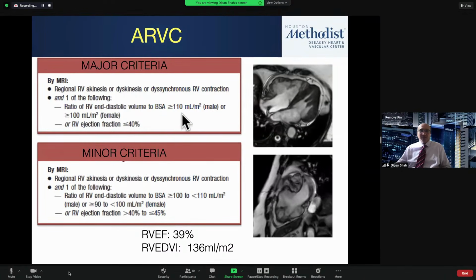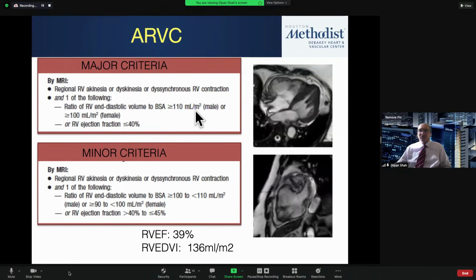So the imaging criteria by CMR are, first, the presence of regional akinesis, dyskinesis, or dyssynchronous contraction. So you have to start with abnormality in wall motion, and then you couple that to either manifestation of RV dysfunction, RVEF of less than 40, or RV dilatation.